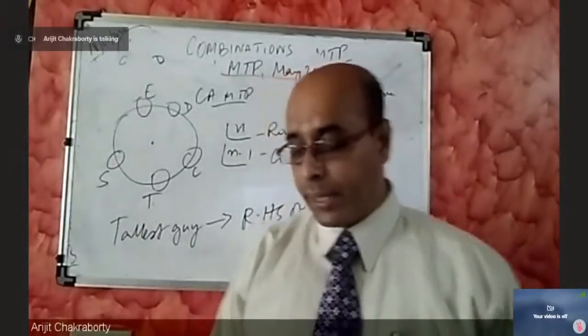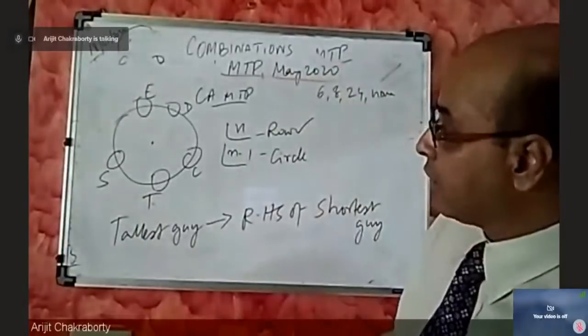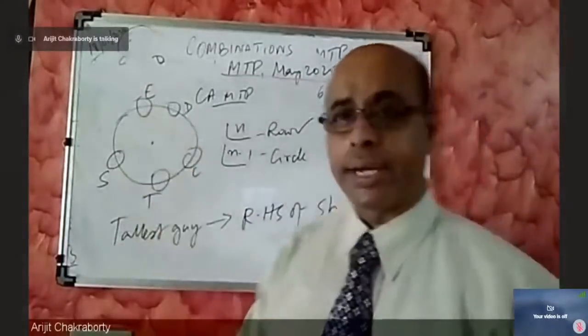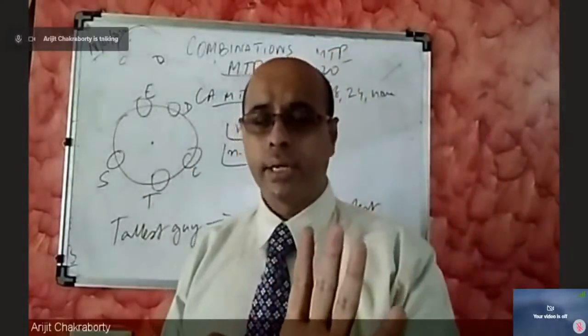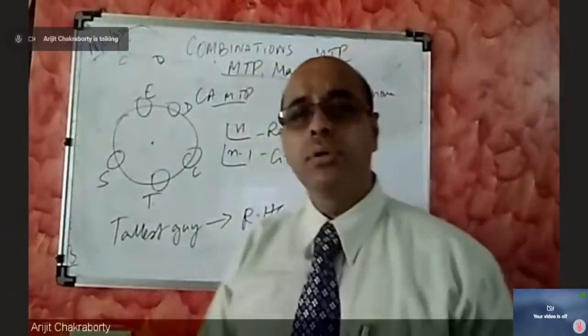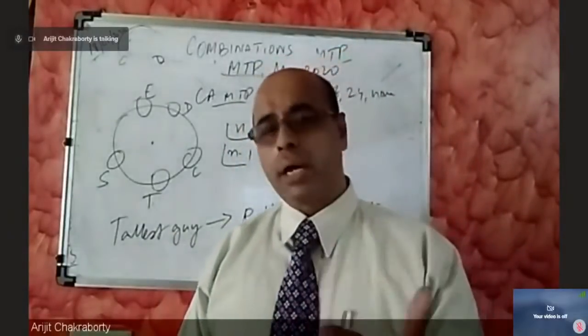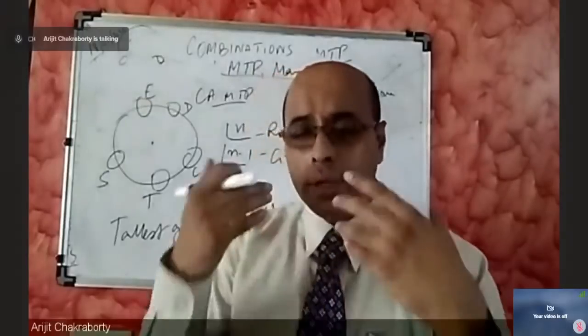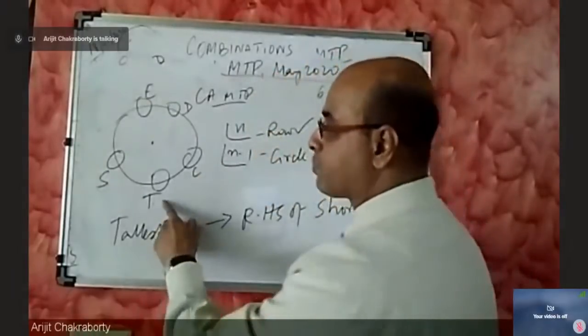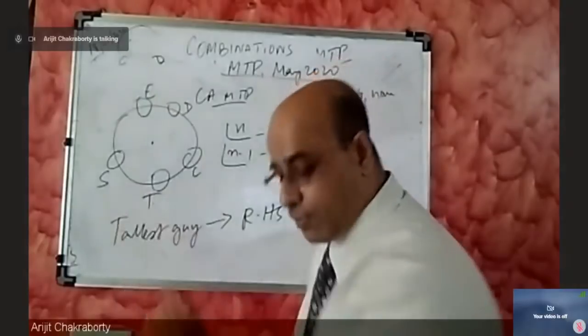Now here, 5 people are sitting. We have to find out the number of ways in which the tallest person is always to the right hand of the shortest person.